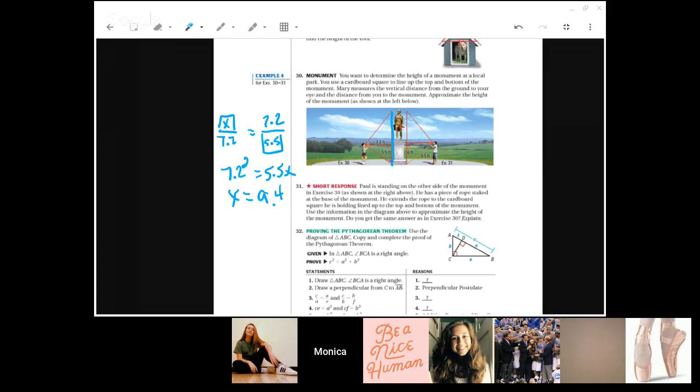Use the information in the diagram to approximate the height of the monument, and then see if you get the same answer as in 30. Okay, so for 31, you're going to use those measurements, right? So, but your proportion is going to be set up maybe a little bit differently, huh?